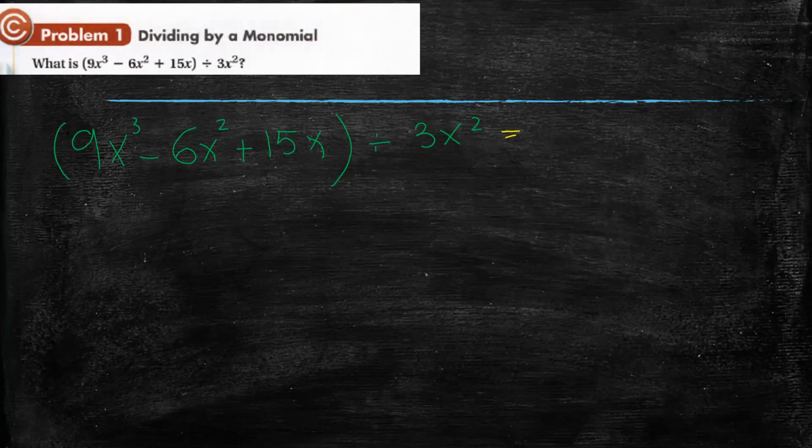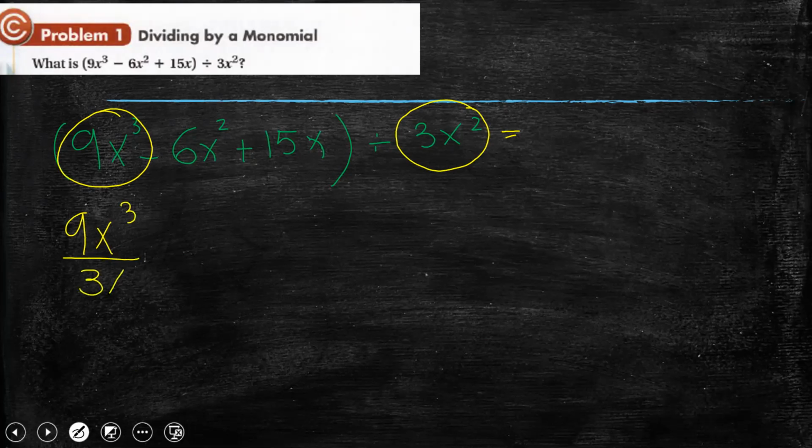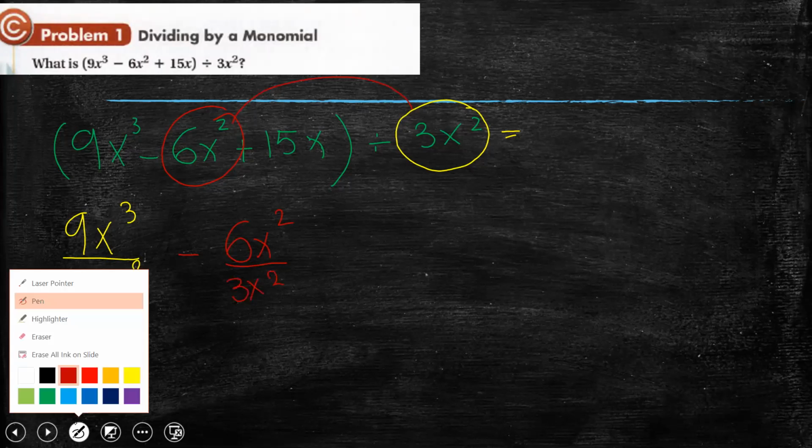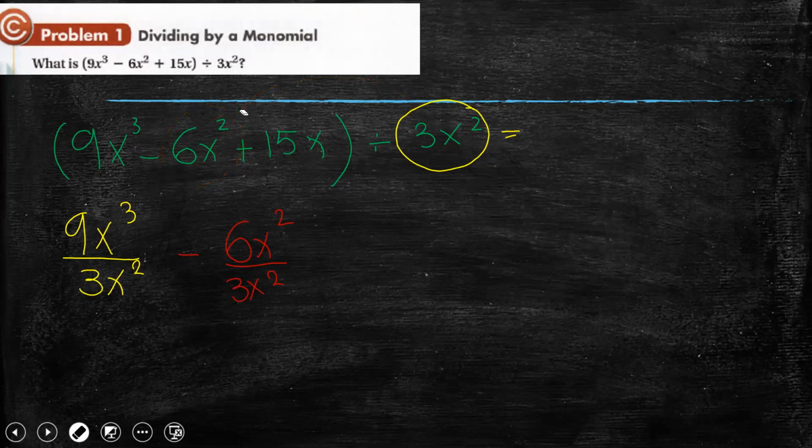I have to divide 9x cubed by 3x squared, then minus 6x squared also by 3x squared, then plus 15x by 3x squared.